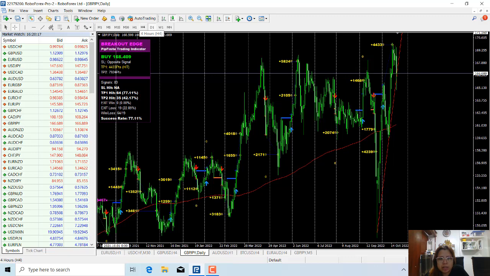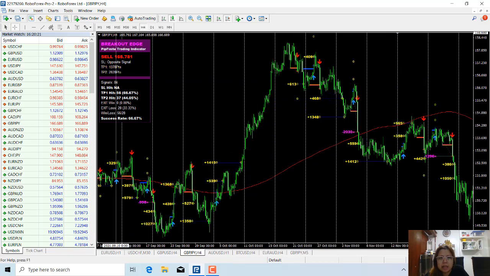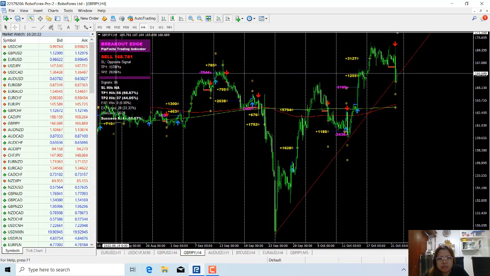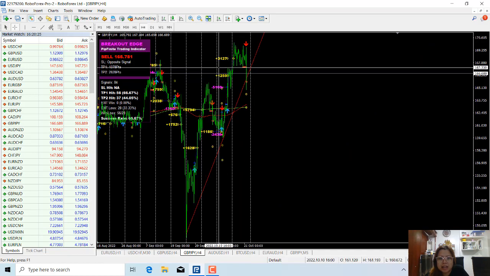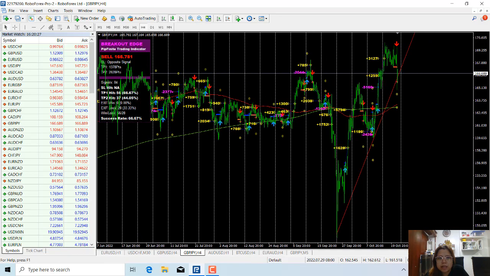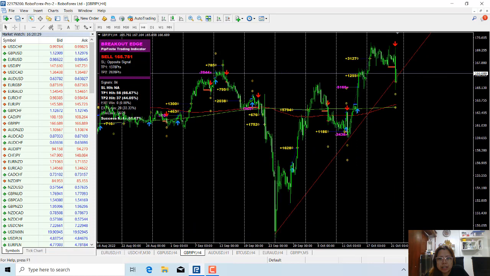As you can see, this has been ranging for the past few days that I've been reviewing this. For me, this is a slight indication that it wants to test that high that was recently formed, breaking the high from April of 2022. So we will be waiting for an opportunity to sell.